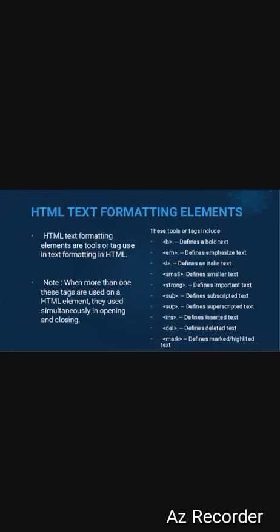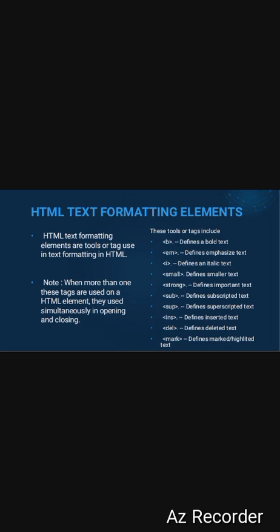So first of all, we'll be looking at the HTML text formatting elements. They are tools, or tags as we have them here, that are used for formatting HTML elements, for making them bold or giving them different formats, which we'll be looking at in our editor.